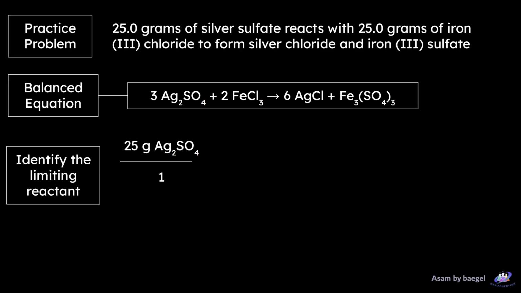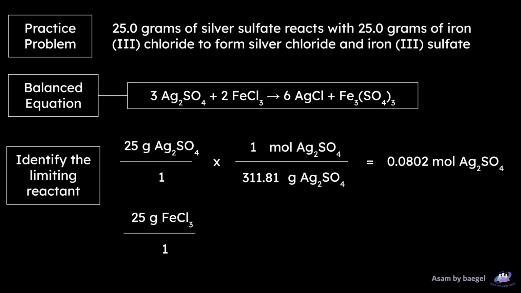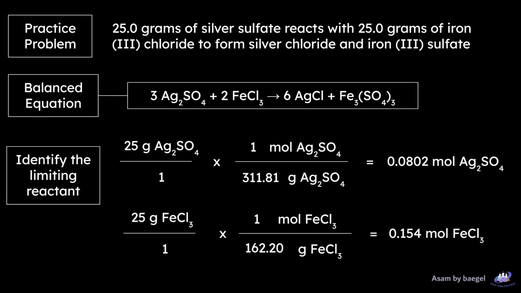Using dimensional analysis, we can convert our 25 grams of silver sulfate to moles of silver sulfate. We can also convert our 25 grams of iron chloride to moles of iron chloride. We can now take these values and divide them by their respective coefficients in the balanced equation.